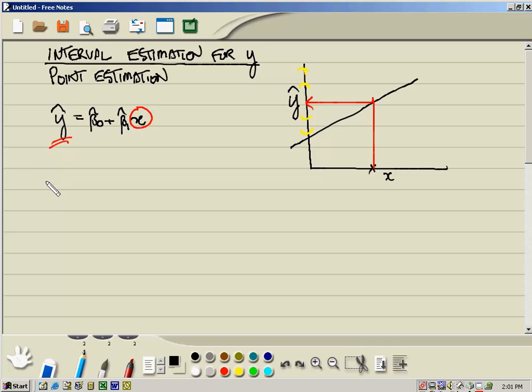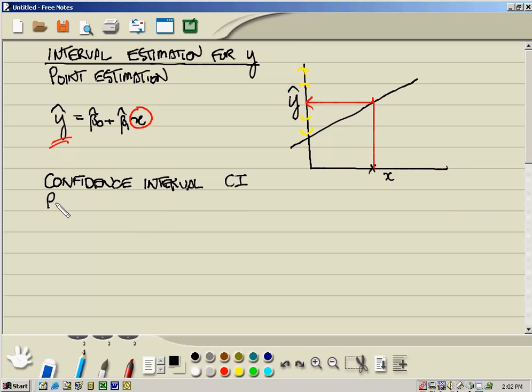Right. The trouble with interval estimation is there are two types, and they are very similar in concept. The first one, since we know the name already, is called a confidence interval, which I will abbreviate as CI.